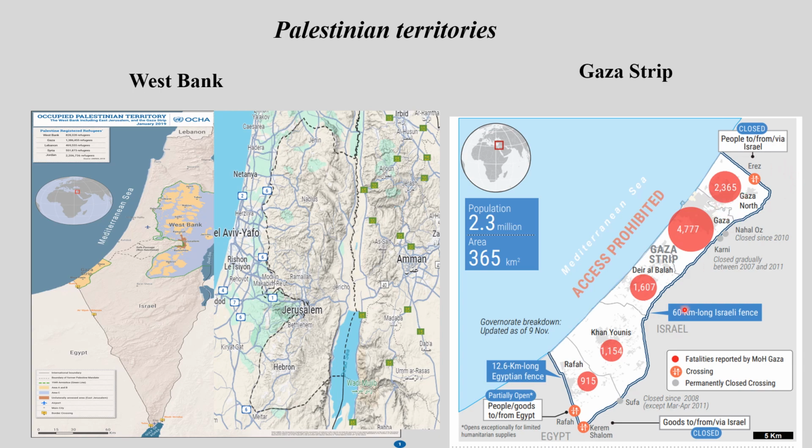On the top of Gaza there is the Erez border crossing between Gaza Strip and Israel, and in the south there is the Kerem Shalom crossing from where goods are transferred to and fro from Israel. And here there is the Rafah border crossing from where people and goods to and from Egypt enter the Gaza Strip. Gaza's major river is Wadi Gaza.